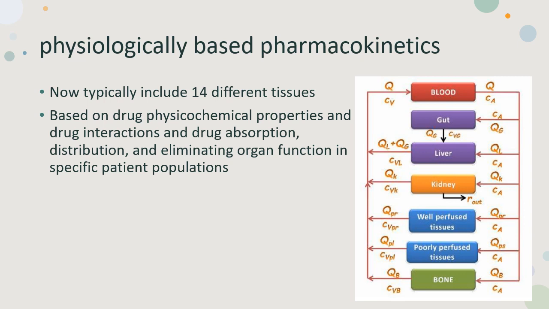So we know what our blood concentration is, but based on what we know about the drug, how much is in the liver, how much is in the gut, how much is in bone, and their rates, obviously, that those change by, and those are all based on concentrations. You can have often 14 different compartments. So we'll talk about how the physiochemical properties affect that.